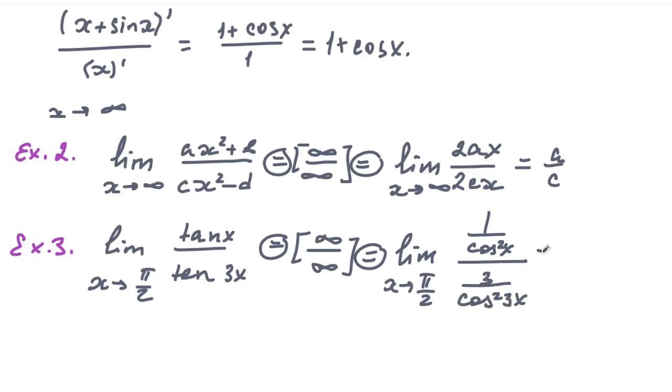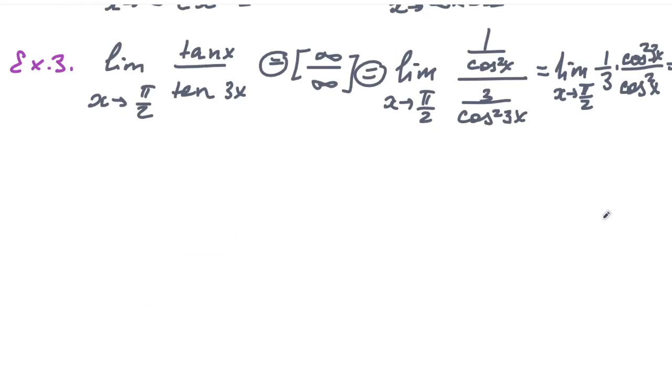Or it will be limit as x approaches pi over 2 of 1 over 3 times cosine squared of 3x over cosine squared of x equals... here we have infinity over infinity again.